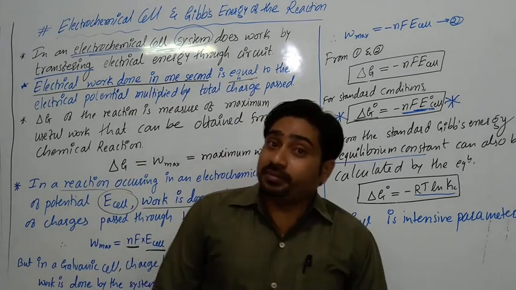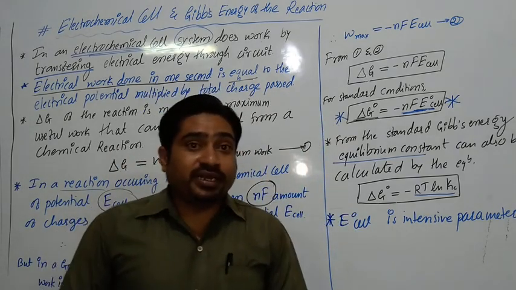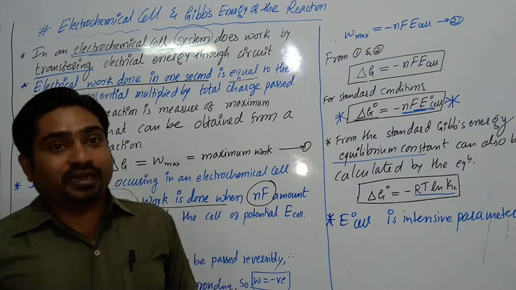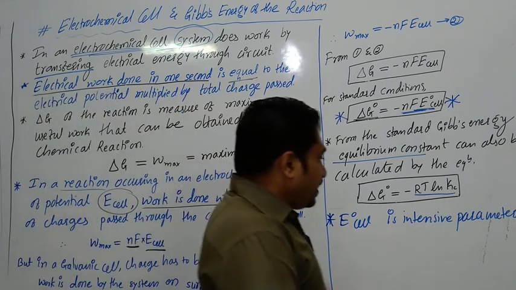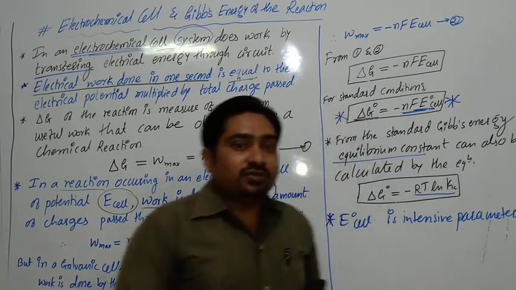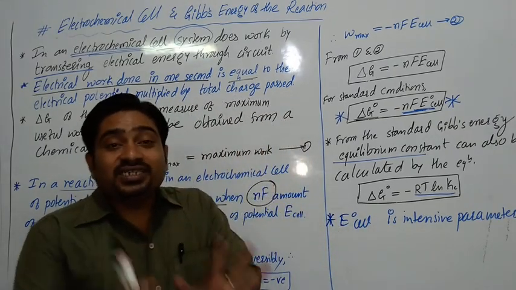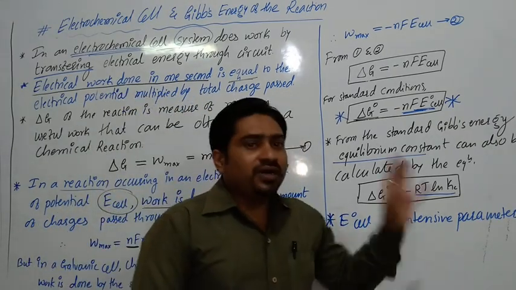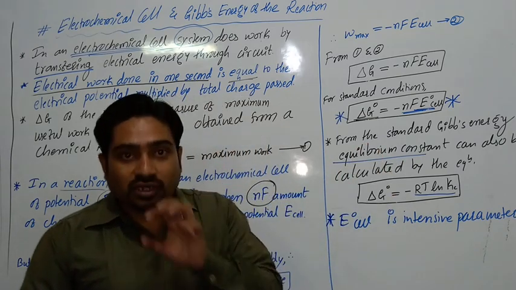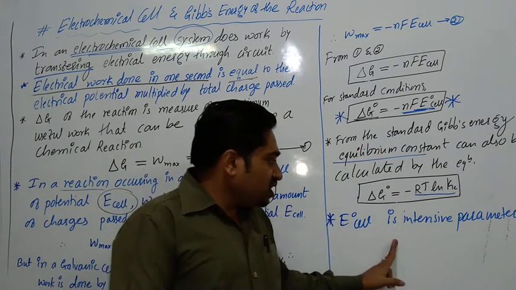I think you must remember what an intensive property and what an extensive property is in thermodynamics. An intensive property is a property of the system which is independent of the amount of matter present in the system. It is independent of the quantity of matter present in the system.